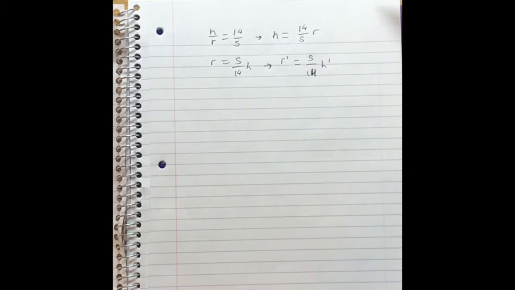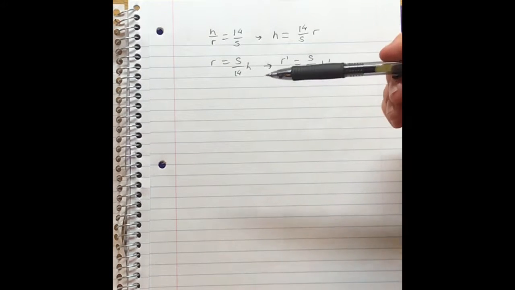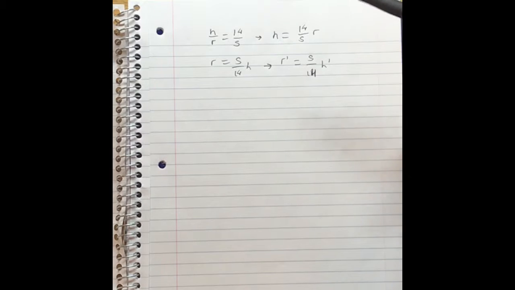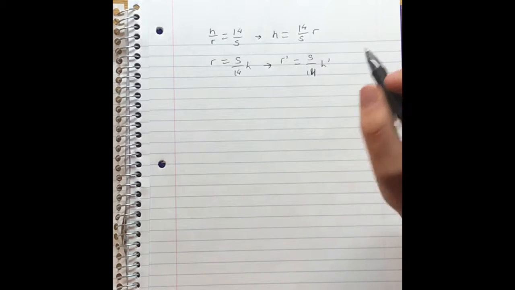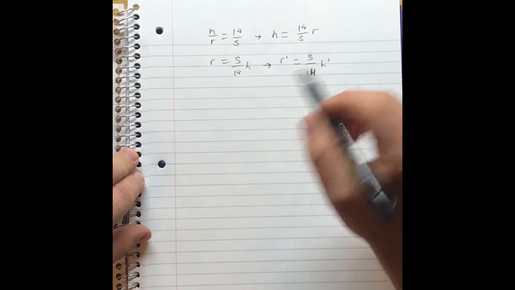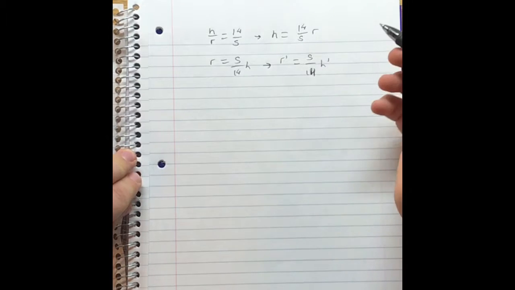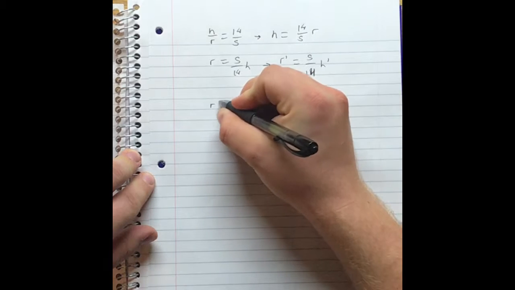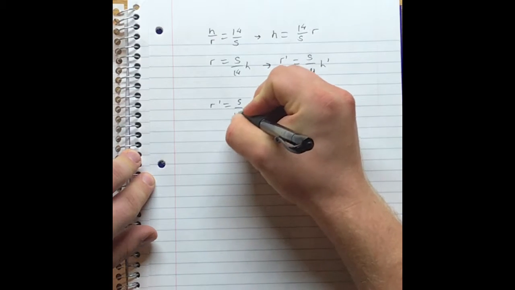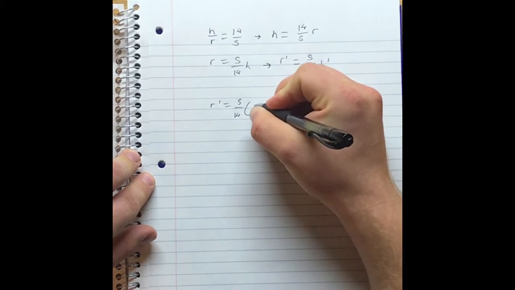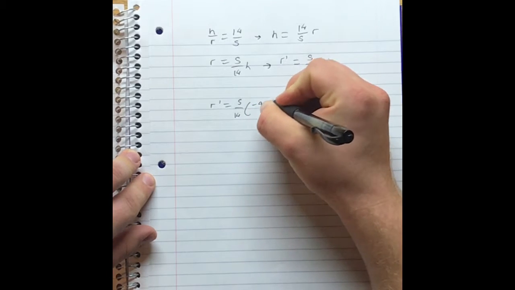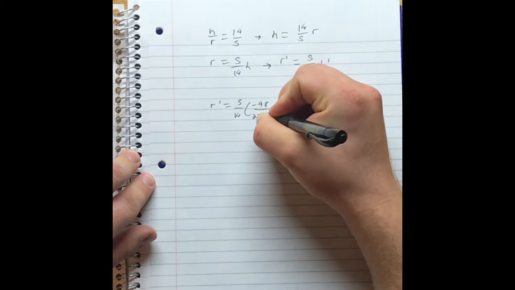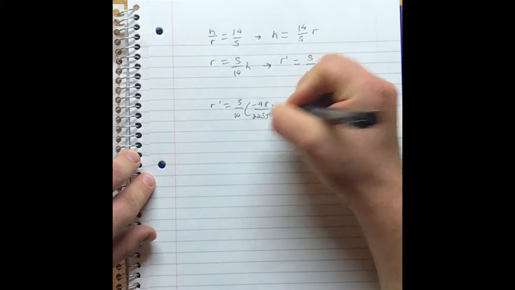And so as we can see, if we take the relationship that relates r and h that we used in the first part and differentiate it, we get a relationship between r prime and h prime. And at this point, all we need to do here is use the results from the first part to get r prime equals 5 over 14 times 98 over 225 pi.